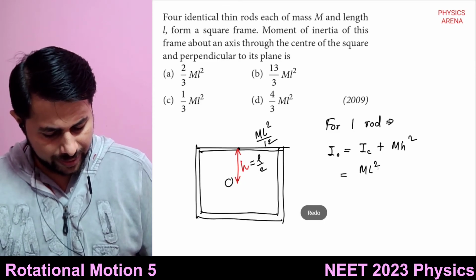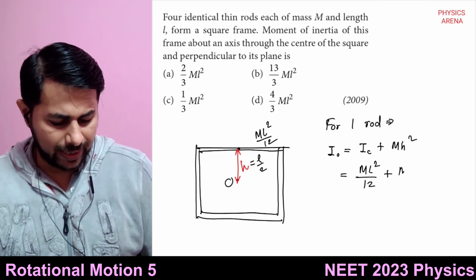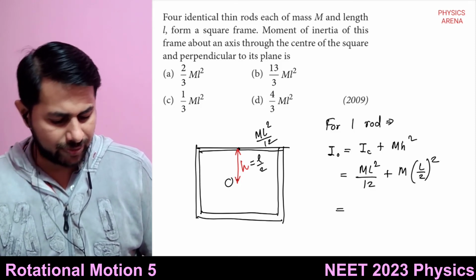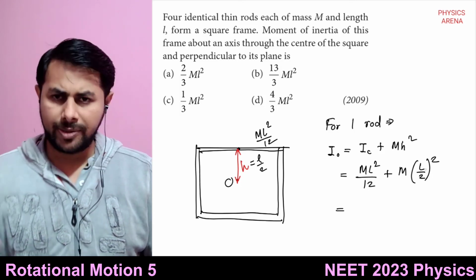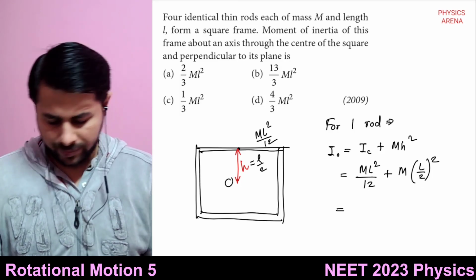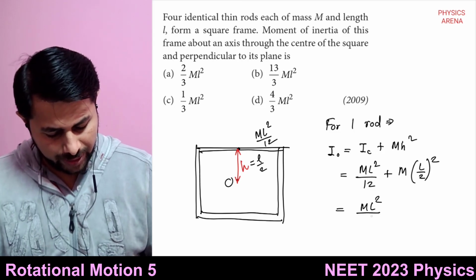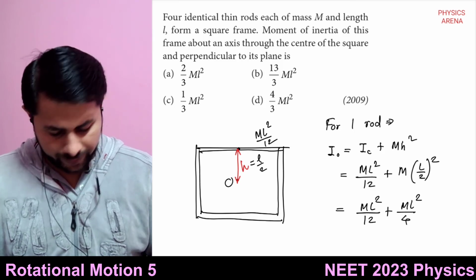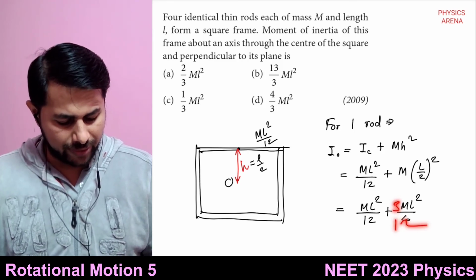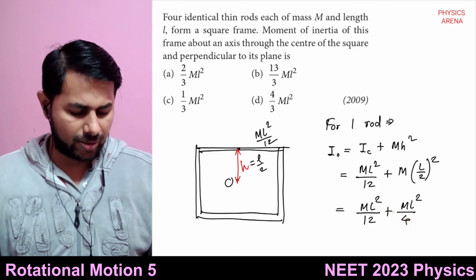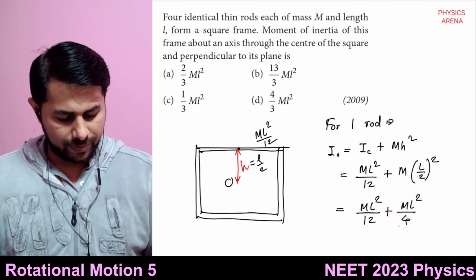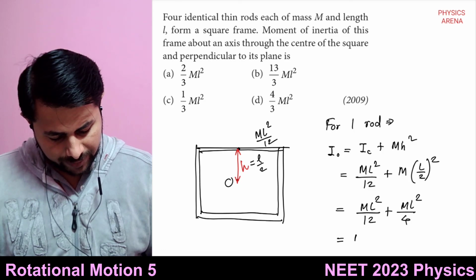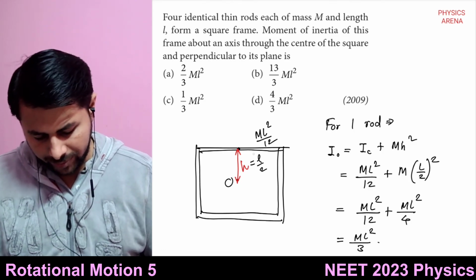So ml square upon 12 plus m multiplied by (l by 2) square, which is ml square upon 4. So this is ml square upon 12 plus ml square divided by 4, or you can say 3 by 12 ml square. So this will be 4 by 12 ml square, or ml square upon 3.